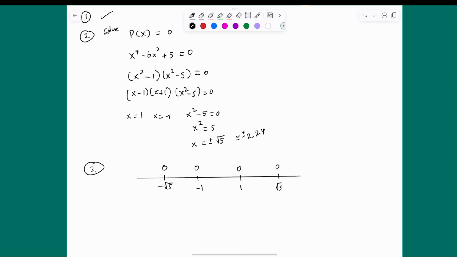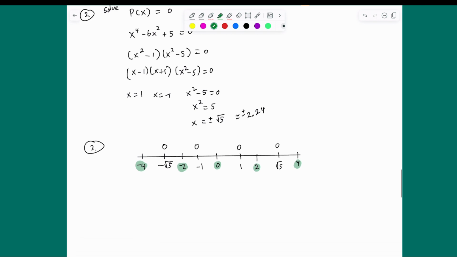And we need to take some test values. So I'm going to choose something like negative 4, negative 2, 0, and say positive 2, and then positive 4. So those are our test values. Okay, and we need to figure out what the sign values of those are.